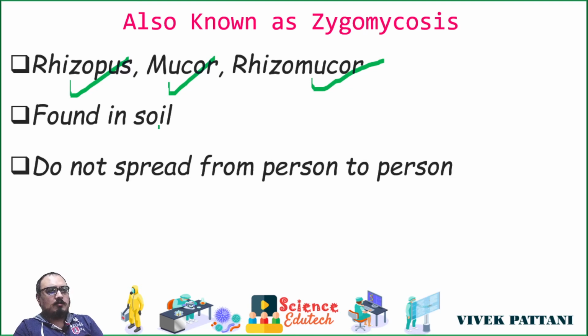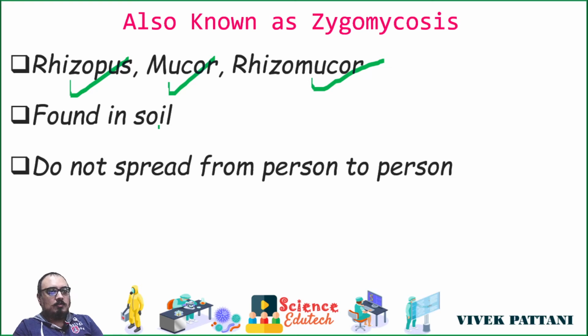So these three are the common fungi responsible for mucormycosis. Spores of these fungi are found in soil and can rapidly disperse in the surrounding environment. But you must remember one thing, that these fungi do not spread from one person to another.